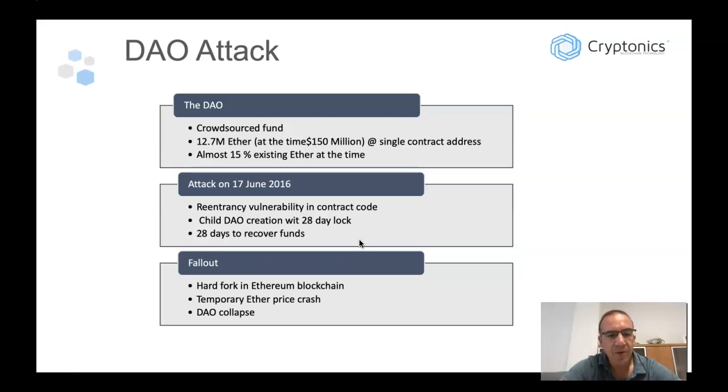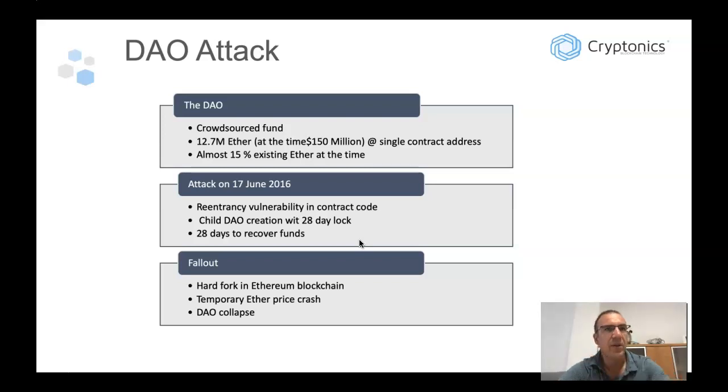And when the community realized this, there were 28 days to recover the fund or look at the problem and find a solution. And of course, that's not very easy, because the attacker really just followed the rules of the smart contract, even if these rules were written down accidentally.